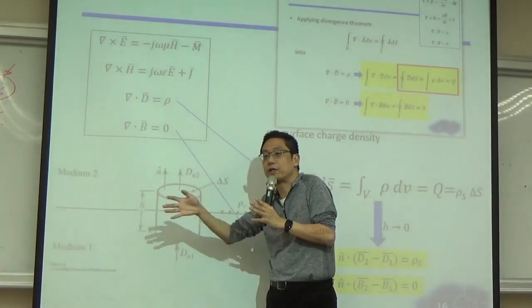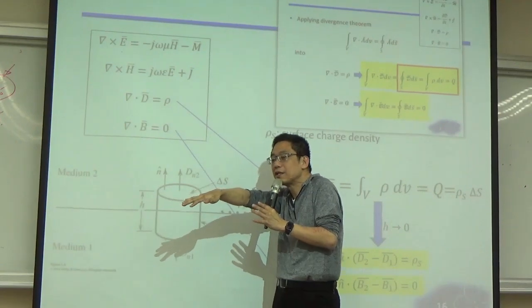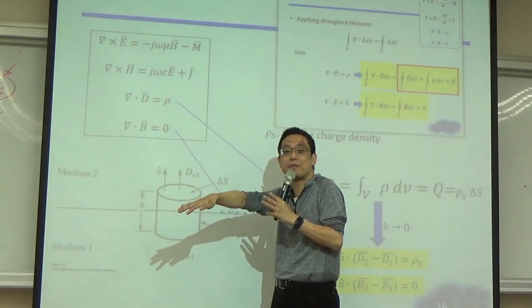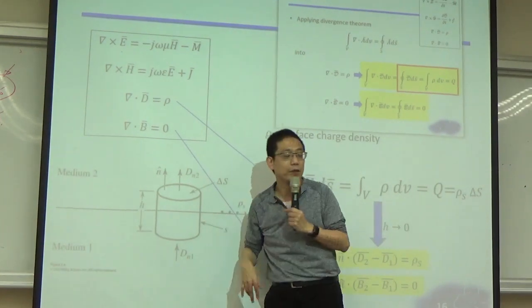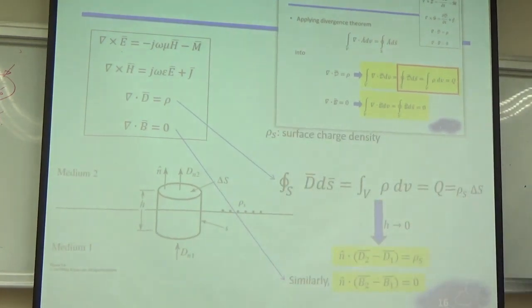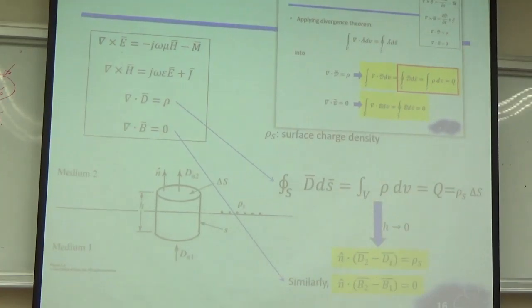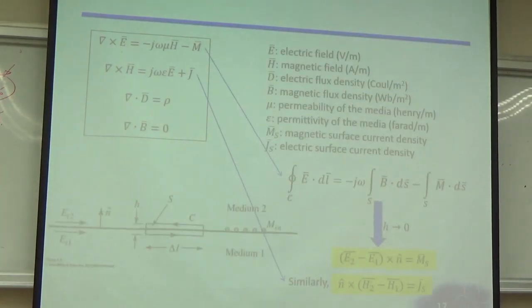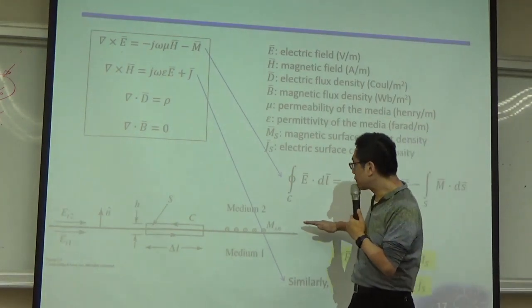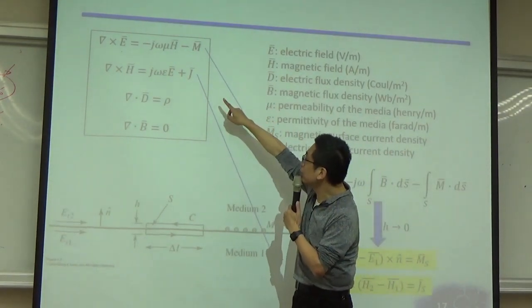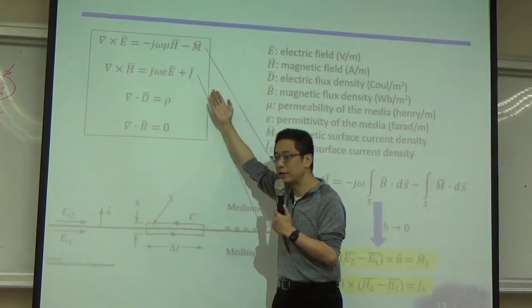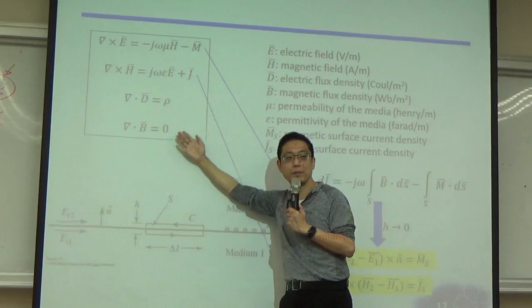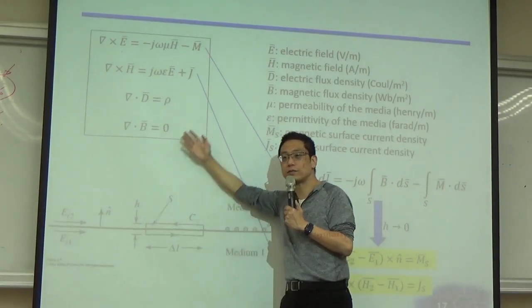It looks like you need to think that in a 3D dimension. Okay, this is a 3D model. But if you want to use the boundary conditions from the first two equations, you use number 1 and number 2 equations, and then you use the 2D dimension to think about this equation.